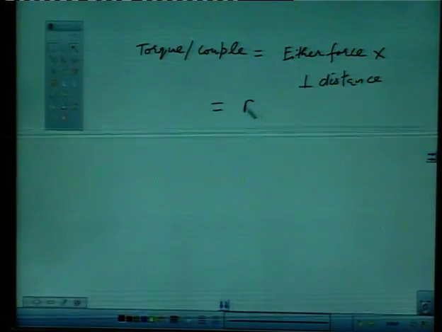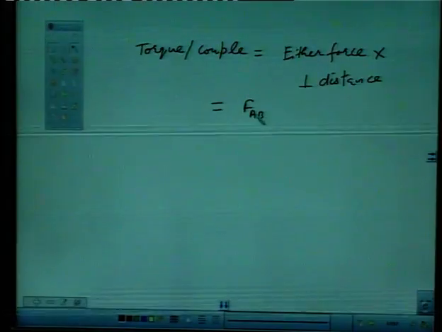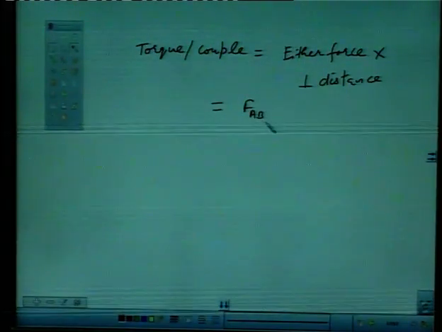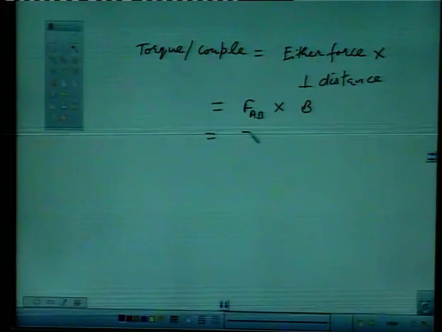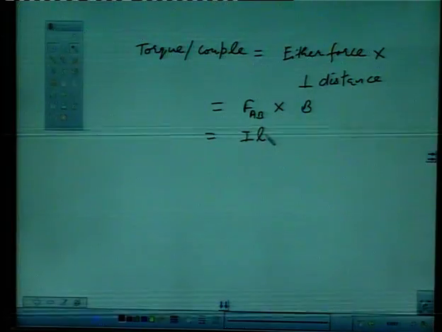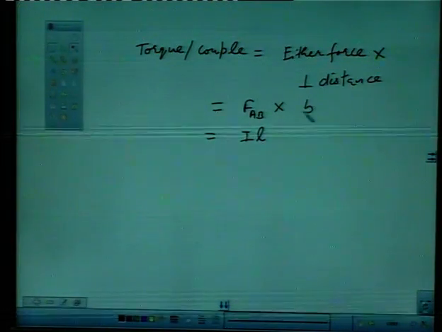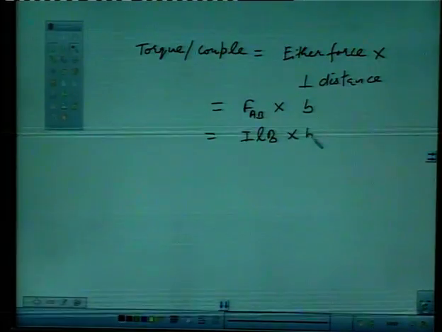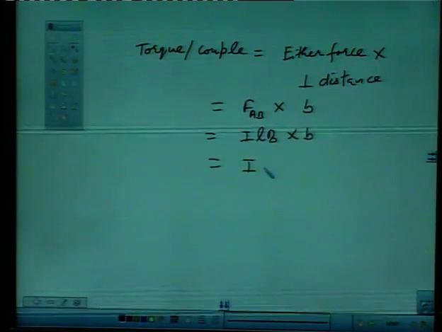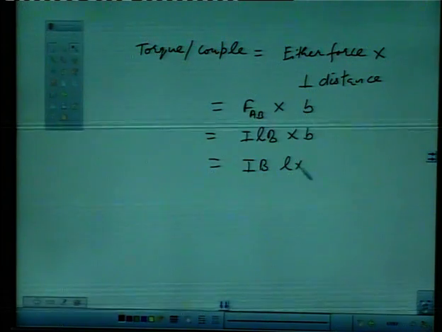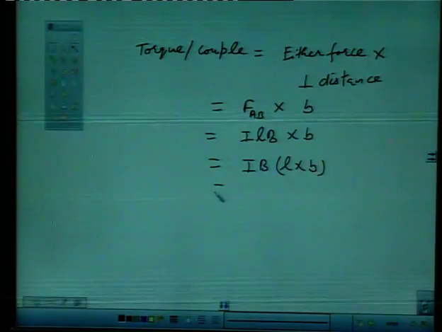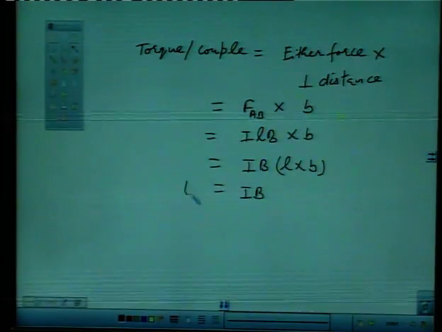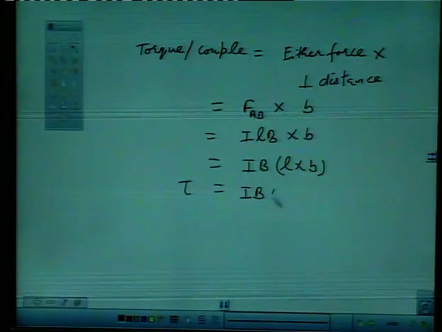So the either force is F AB, that is we are talking about side AB, and the perpendicular distance is B. F AB is equal to I L B, into B. This will be equal to I B L into B. Now we know that L into B, length into breadth, is equal to the area of the coil. So we have torque is equal to I B A.